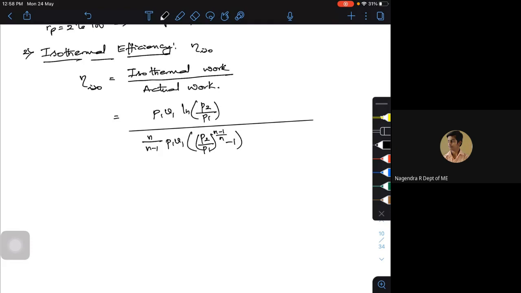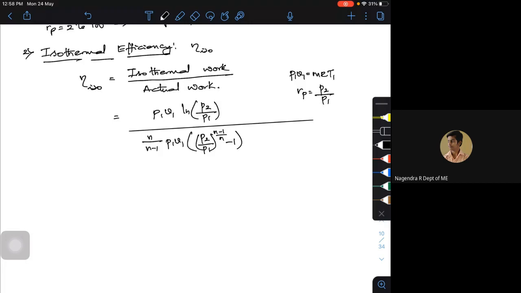I know that P1 V1 is equal to mRT1, so I can substitute P1 V1 in terms of mRT1. And we know that RP is the pressure ratio, which is P2 by P1, so wherever I have P2 by P1, I can substitute RP.